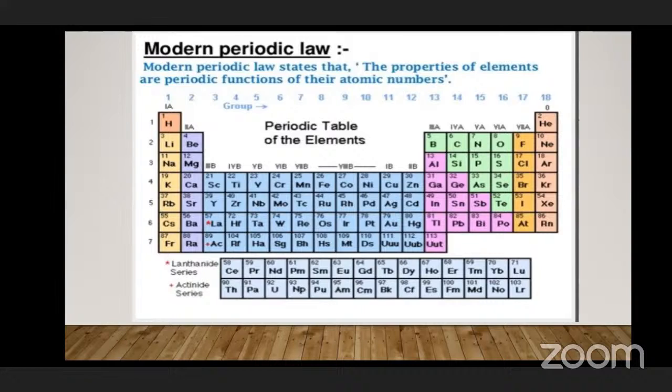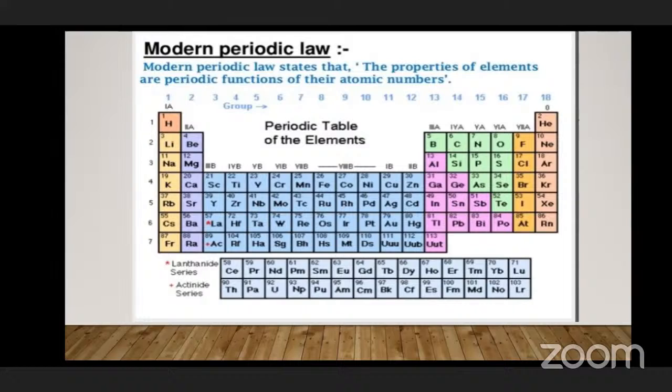In this manner, Bostic constructed the periodic table. So we now know how many groups and how many periods there are. Similarly, the numbers he has given are 1 to 18 in the periodic table. Children, observe the periodic table once clearly. We have the Arabic numbers 1 to 18, and similarly the Roman numbers 1A, 2A, after that 3A starting from boron onwards, then 4A, 5A, 6A, 7A, and the last zero group is for the noble gases.